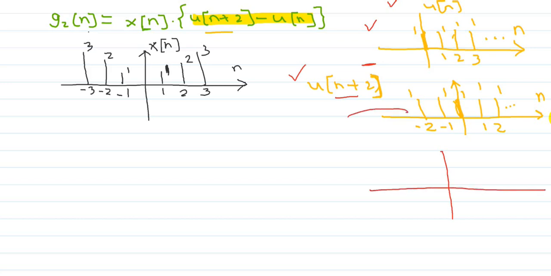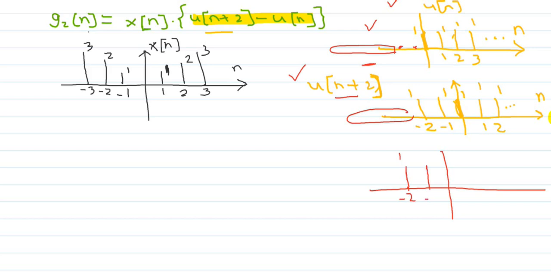All the values before minus 2 are 0, so 0 minus 0 will give me 0. At minus 2 the amplitude is 1, so 1 minus 0 will give me 1 here. At minus 1 the sample amplitude is 1, so 1 minus 0 will again give me 1 here.